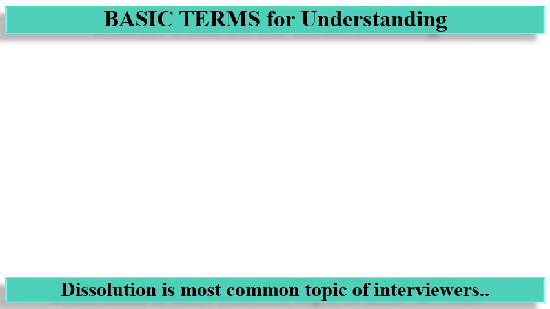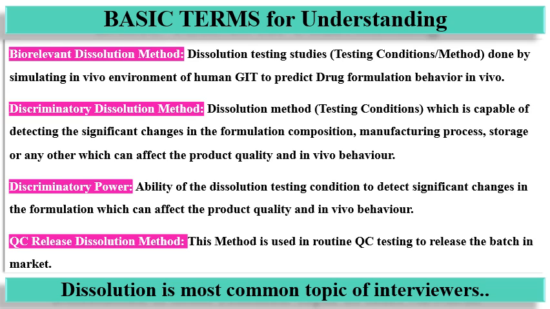Then there are three important definitions: the biorelevant dissolution method, the discriminatory dissolution method, and the QC release dissolution method. Many times it is asked what the difference is between them. The biorelevant dissolution method is a dissolution method or condition which uses biorelevant media or biorelevant conditions to mimic the GIT behavior.